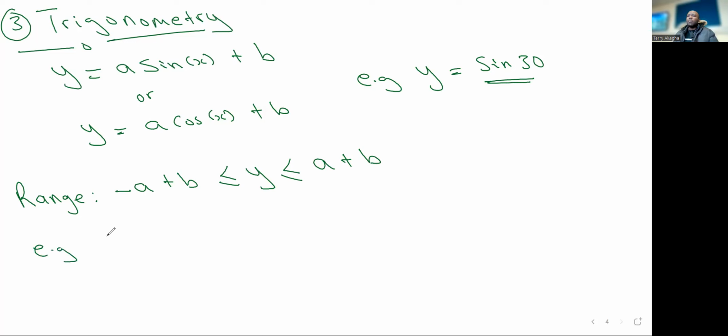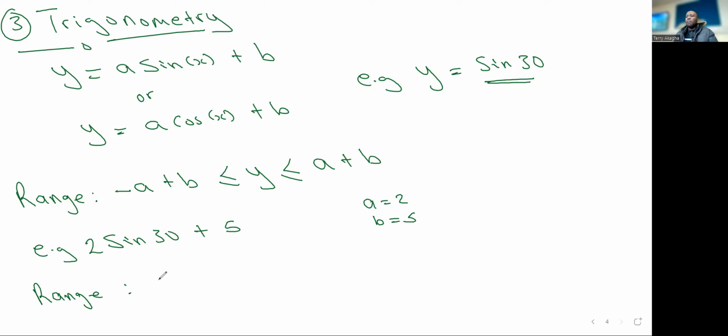So let's make it interesting: 2 sine 30 plus 5, and we were told to find the range. Our a here is 2, and the b is 5.